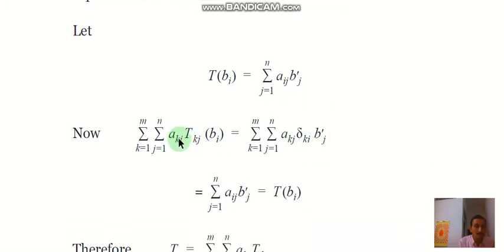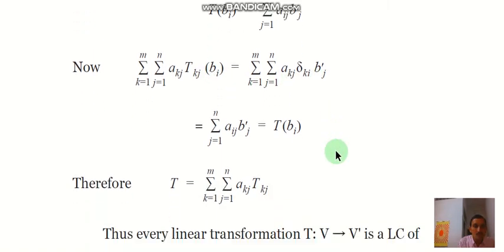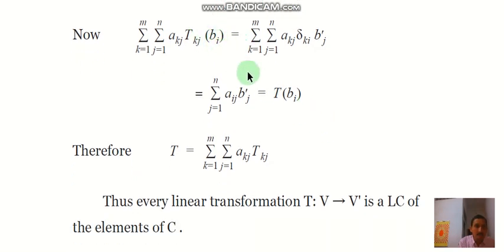Now we calculate the summation over k from 1 to m and j from 1 to n of akj Tkj(Bi), putting the value of Tkj(Bi) as δki Bj'. This becomes the summation, j varying from 1 to n, of aij Bj', which by definition is the value of T(Bi), using this equation. This is true for all Bi. Therefore we have T equal to the summation over k from 1 to m and j from 1 to n of akj Tkj.